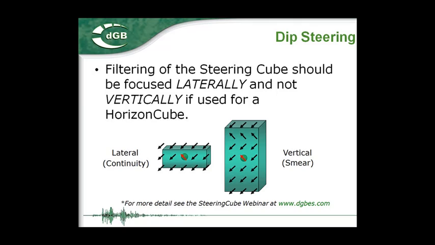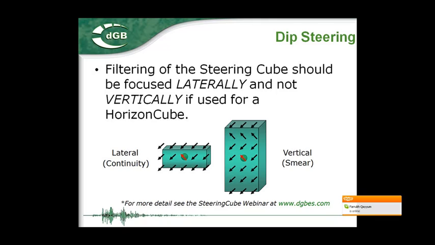Now the dip steering, as I was saying with the data-driven model, you need to incorporate the dip steering. A steering cube is a very, very important part of creating your HorizonCube. And when you think about creating your steering, when it's created for different purposes, you will filter more in the vertical direction, or you may filter more laterally.